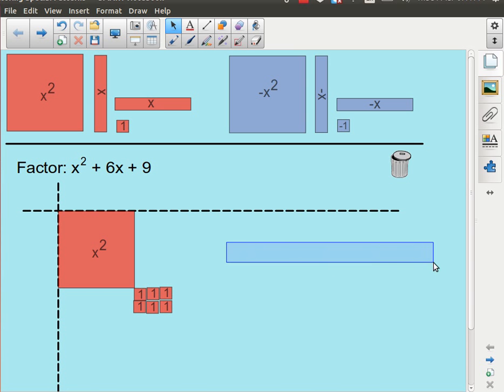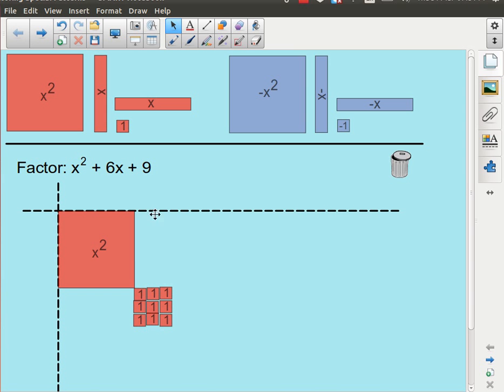So rather than that shape, I want shapes that are more like this. They're not necessarily going to be perfect squares, but I want the edges to be as close to equal as possible. And so in this case, because I've got 9 there, well, actually I can make a square.